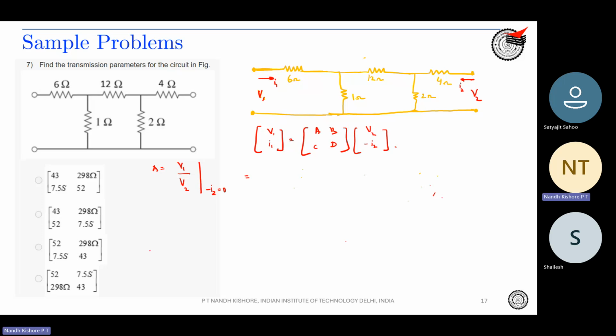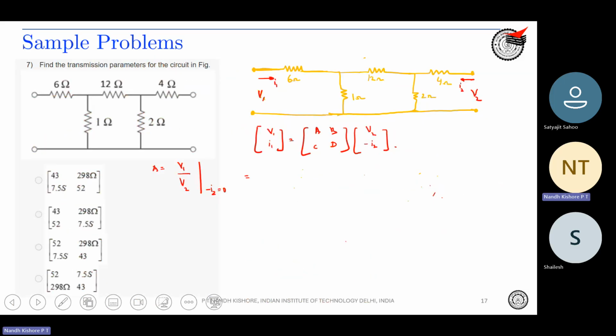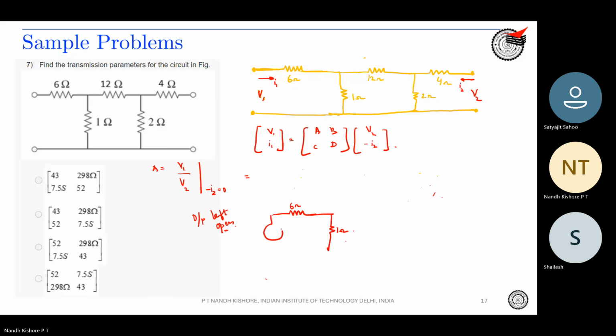If your output side is left open, what would the circuit become? In that case, your circuit becomes 6 ohms, 1 ohm, this is your V1. It has 6 ohm, 1 ohm, and then 12 ohm.